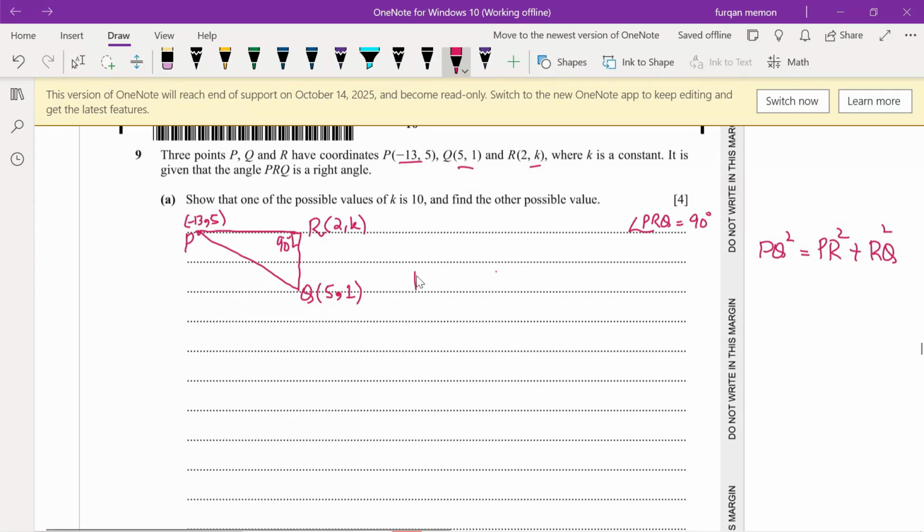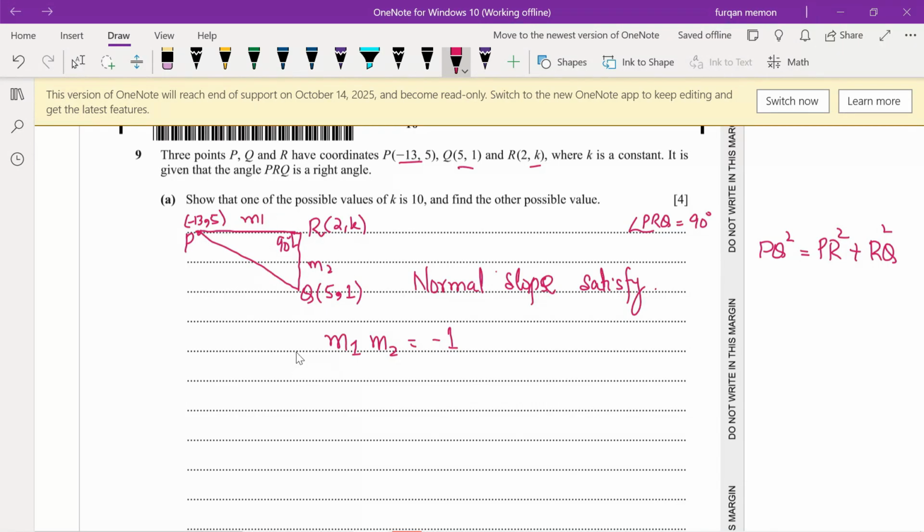We know that slopes of perpendicular lines satisfy m1 times m2 is equal to negative 1. In this case, these two lines PR and RQ are perpendicular to each other. So this one is m1 and this one is m2.